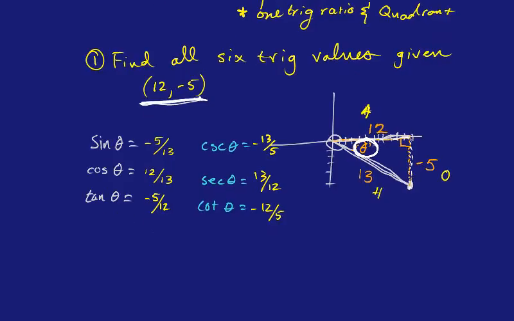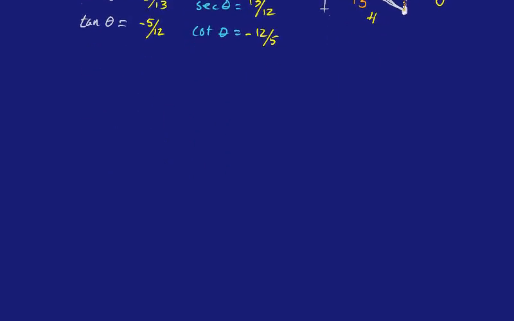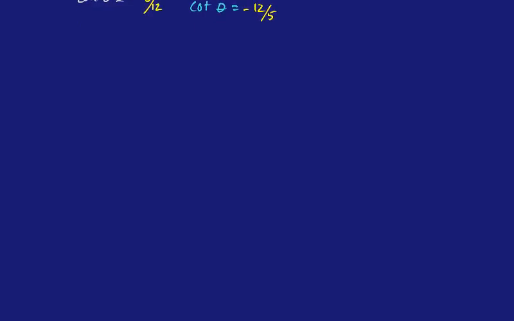Alright, another kind of example that you might see, and it's rooted in this, is the second example. Say somebody tells you that the cosine of theta equals negative 4/5, and let's say the cotangent of theta is less than 0.